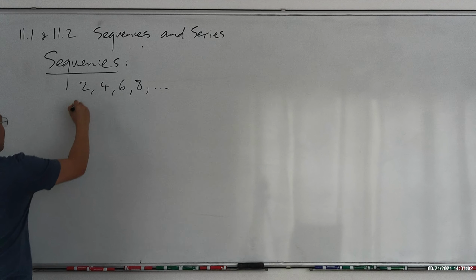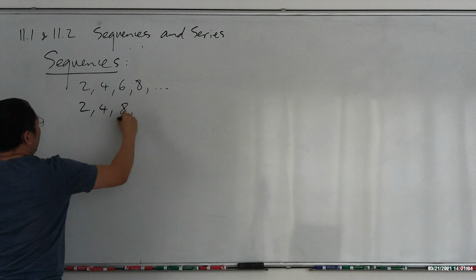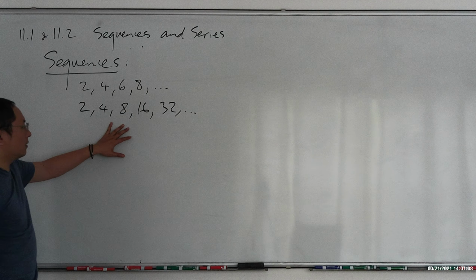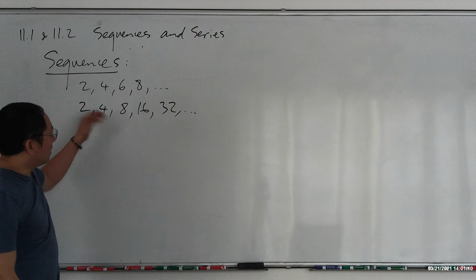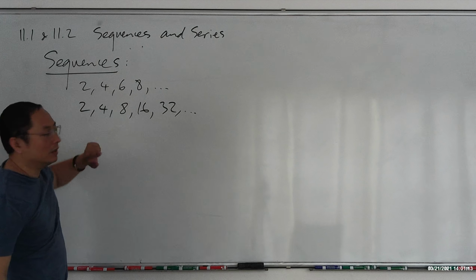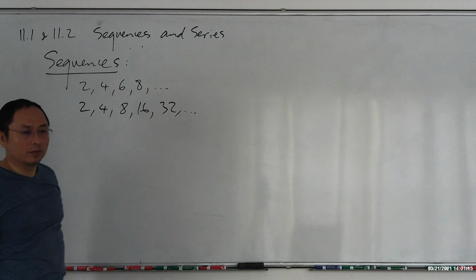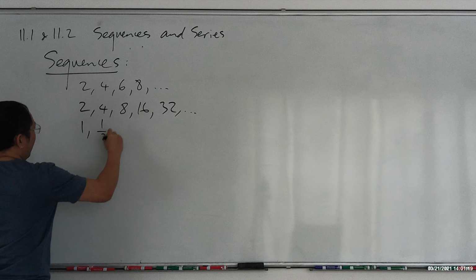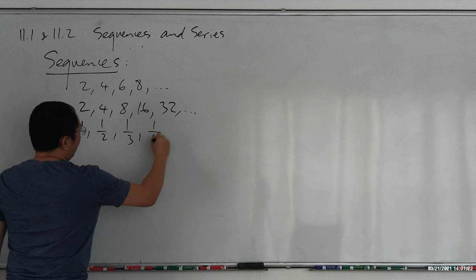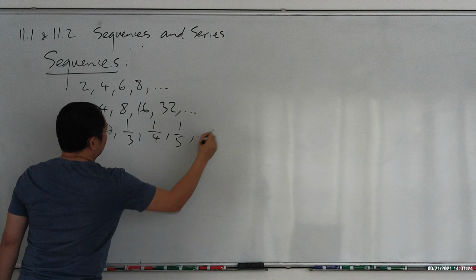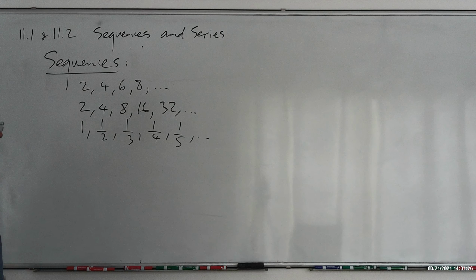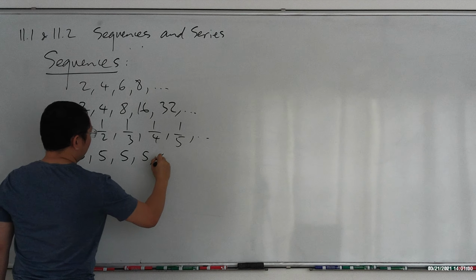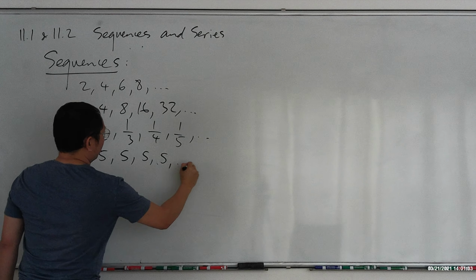How about this? 2, 4, 8, 16, 32. You see the rule for the second sequence right here? Keep doubling. The first one keeps adding 2, and this one keeps multiplying by 2. How about this? 1, 1/2, 1/3, 1/4, 1/5, and so on. How about this? 5, 5, 5, 5, 5.